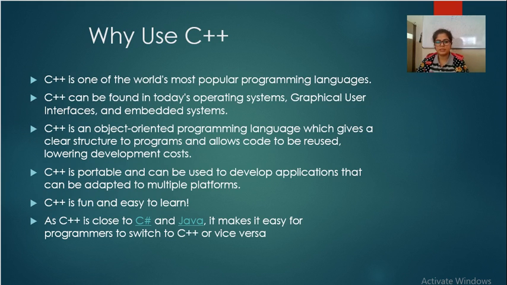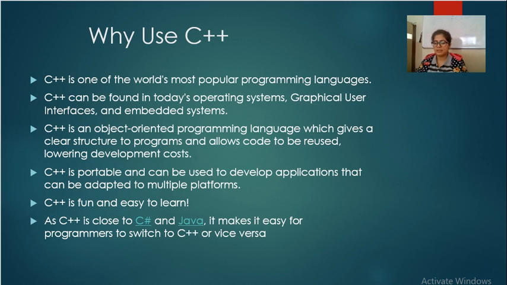So this is the reason that C++ is known as an object-oriented programming language, and it also gives a clear structure to the programs, and it allows the code to be reused, which overall lowers the development cost. So see students, what is the meaning of this reusing, and why do we use objects?